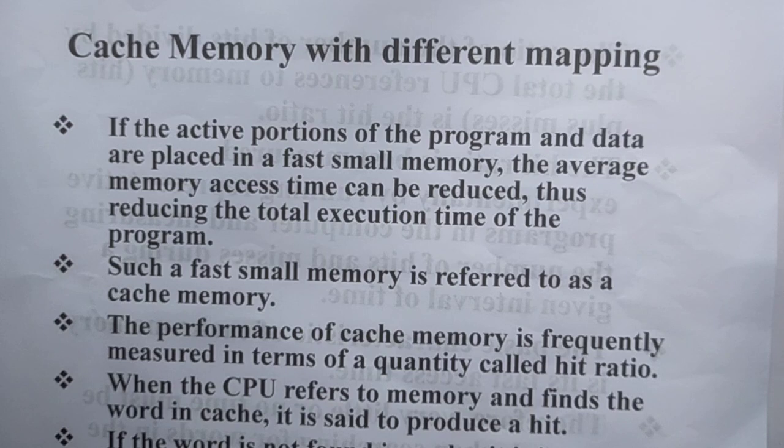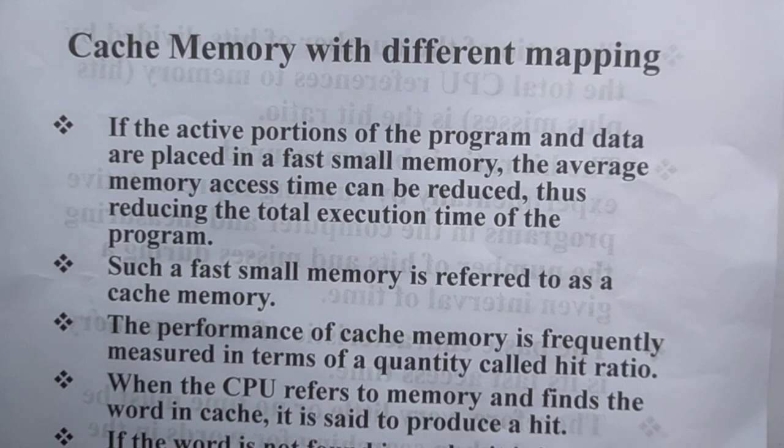Okay. Now we see normally what happens. Cache memory contains a number of data. How much data can be stored in cache memory and what is the use of cache memory? Actually, cache memory is a small memory for fast accessing data.